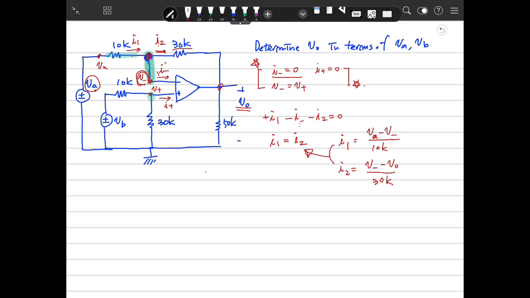So 10 kilo VA minus V minus equals 10 kilo V minus minus V out. That will give 3 VA minus 3 V minus is V minus minus V out. So V out will be 4 V minus minus 3 VA.